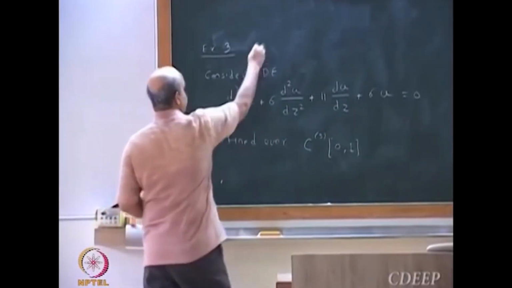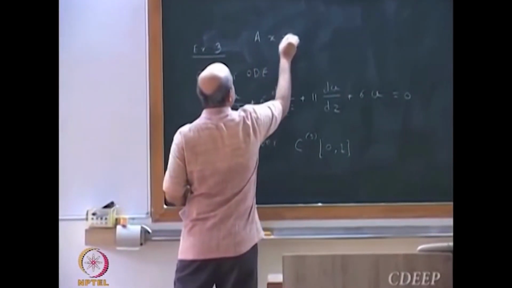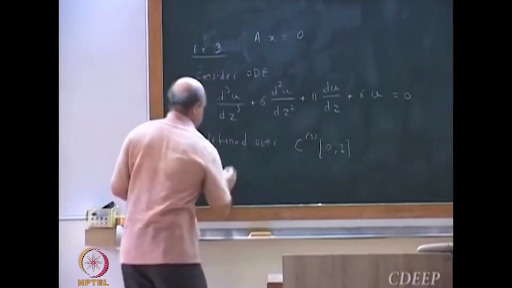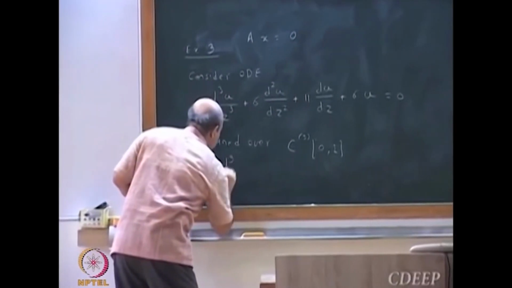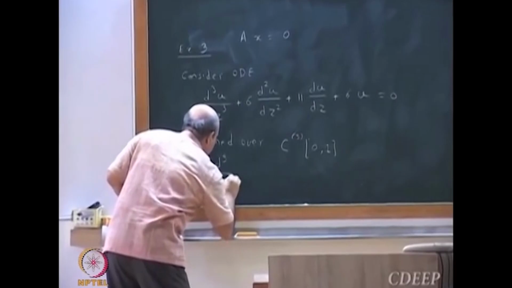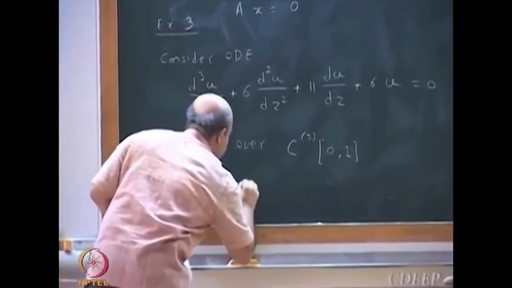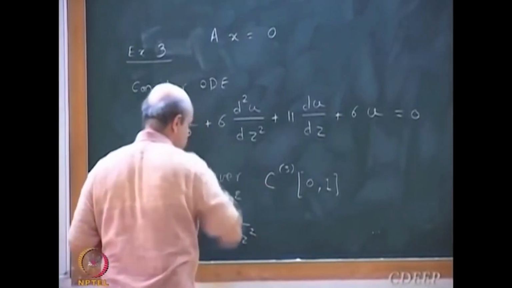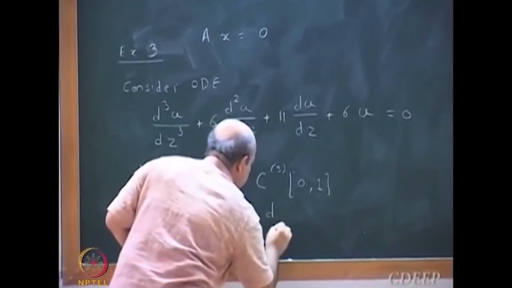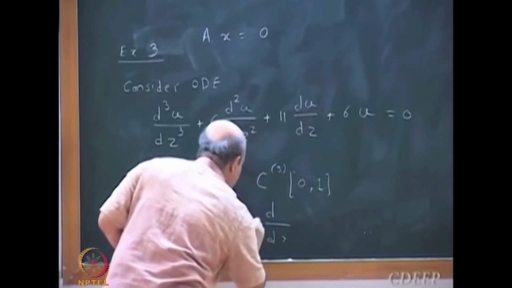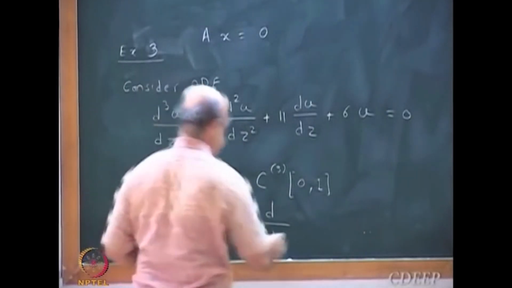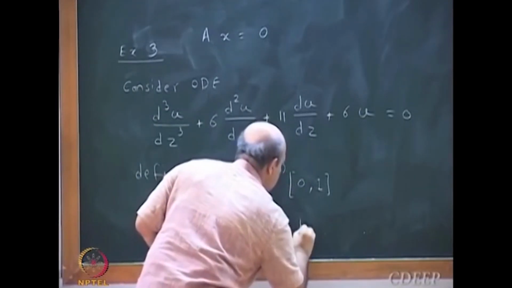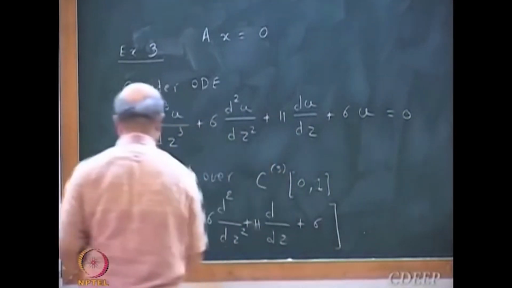So this is exactly like Ax equal to 0, except I have to write it as d3 by dz cube plus 6 d2 by dz square plus 11 d by dz plus 6.